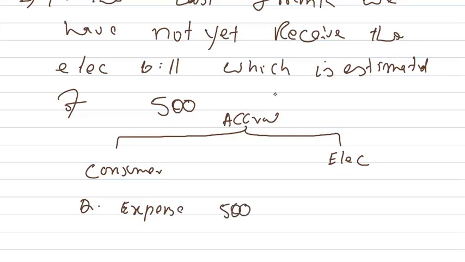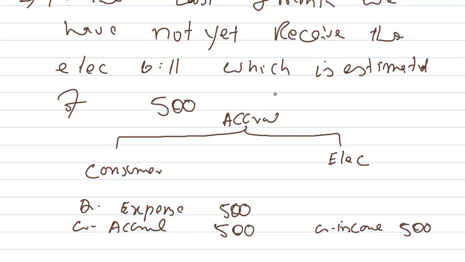The electricity company will record credit as income with 500. So for me it is expense, for the electricity company it is income. I'm not sure what amount I will receive. When I receive the bill, I will say debit expense, credit payable, but right now the bill is not yet received, so I will write it as accrual with 500.